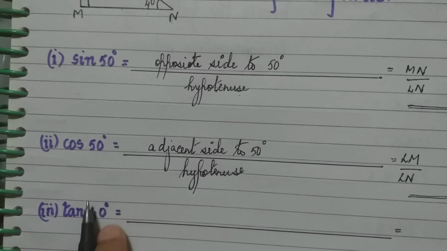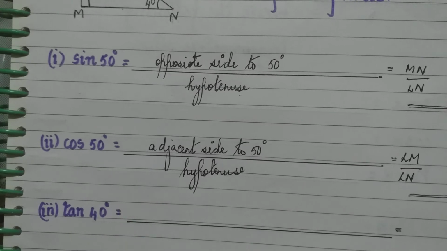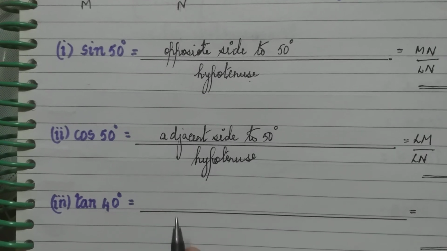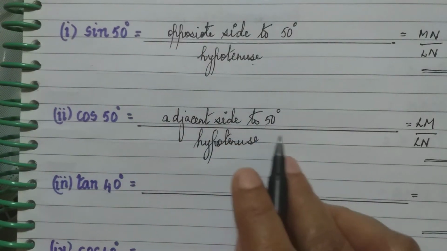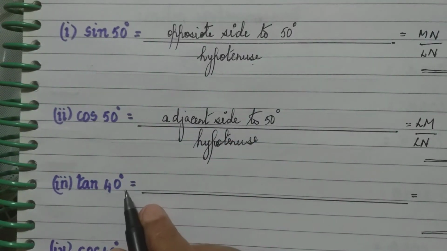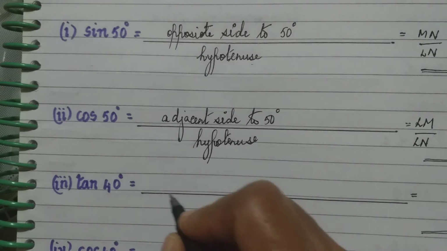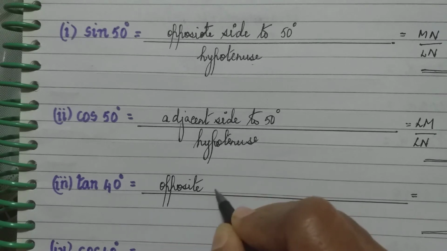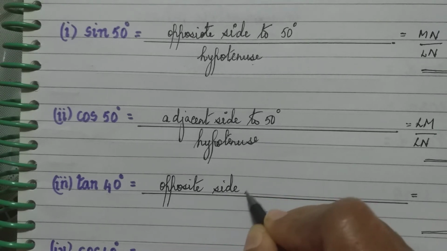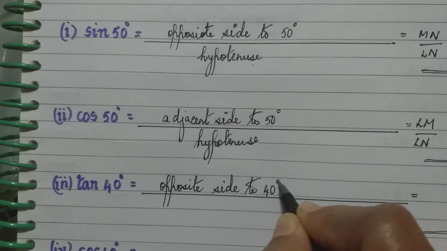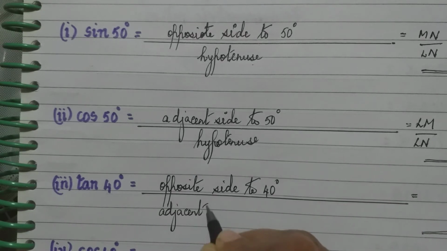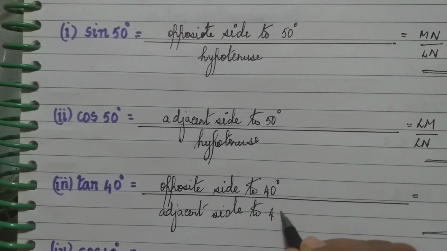Next we go to tan 40 degrees. Now the acute angle is changed. We have gone to 40 degrees, and tan is opposite side upon adjacent side, that is opposite side to 40 degree upon adjacent side to 40 degree. So I write opposite side to 40 degree upon adjacent side to 40 degree.